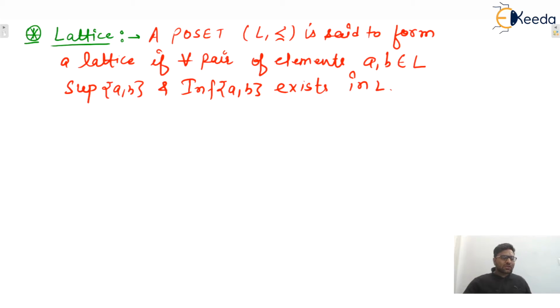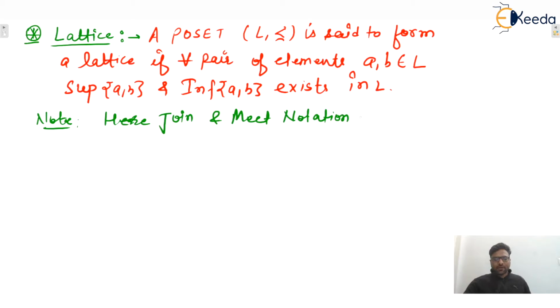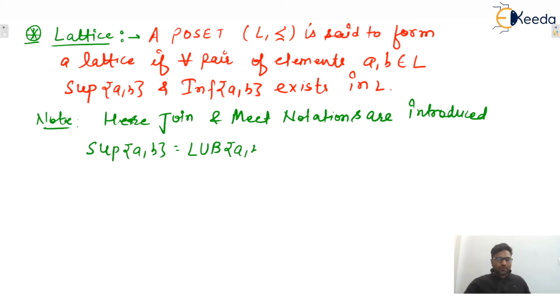So here some more notations are introduced. Write down one note. Here join and meet notations are introduced. Supremum of a comma b is also written as least upper bound of a comma b, and it could be written like that also, a or b, where the symbol is join. So a join b.